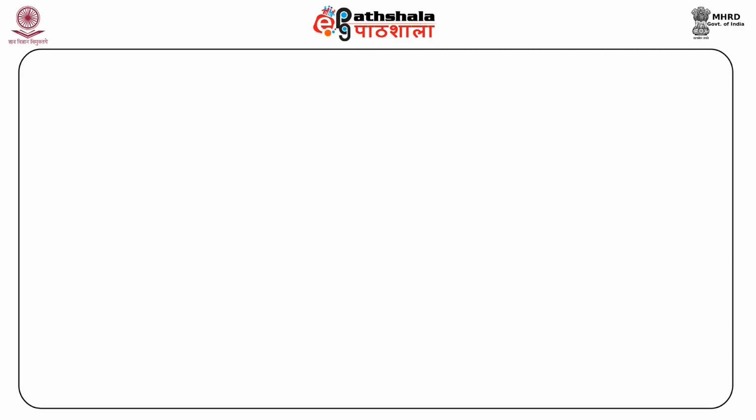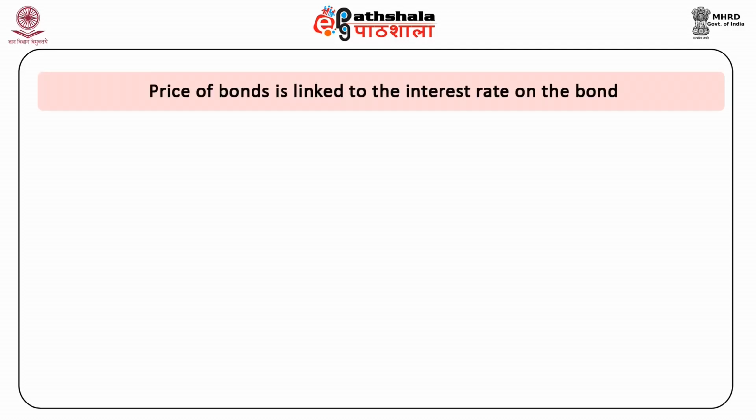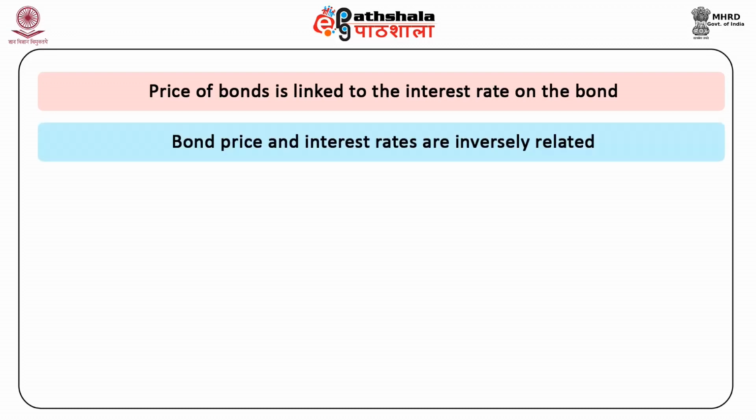You will see that the price of bonds is linked to the interest rate on the bond. In particular, a rise in interest rates will mean that price of bonds goes down and vice versa. In other words, bond prices and interest rates are inversely related.